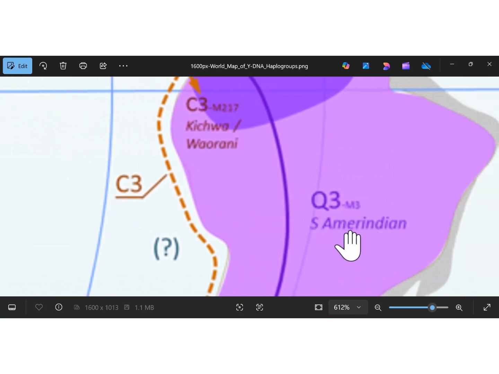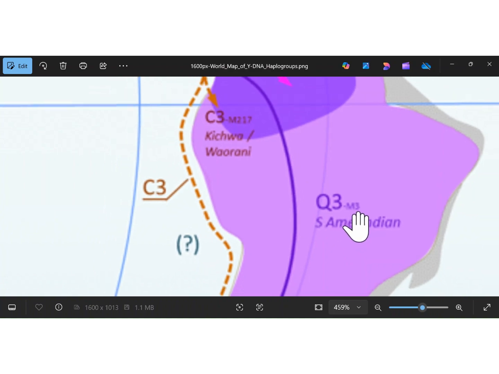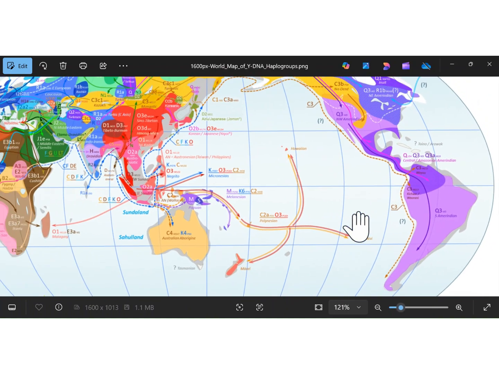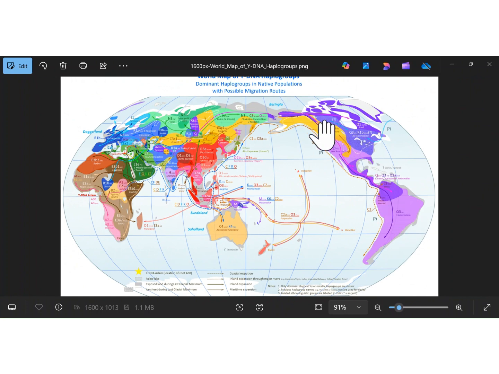South Amerindian. Q3, it's called here. As far as I know, it's QM3. So very homogeneous. C is a descendant. And R is a descendant. You'll see that in other videos.